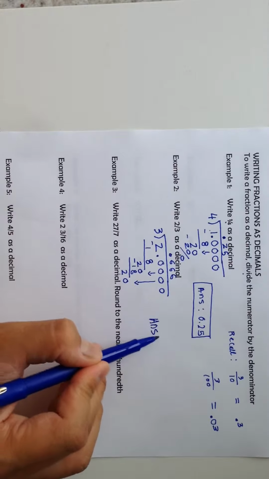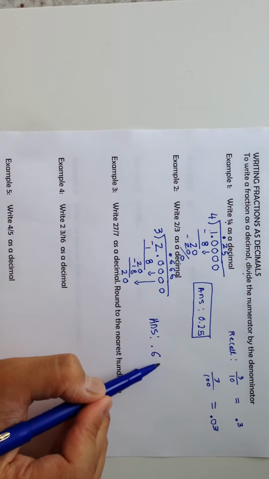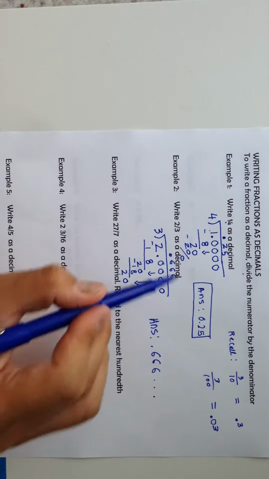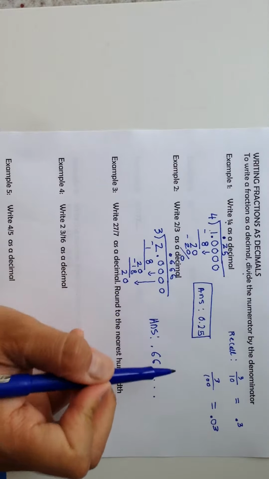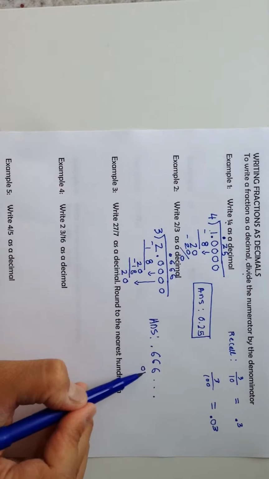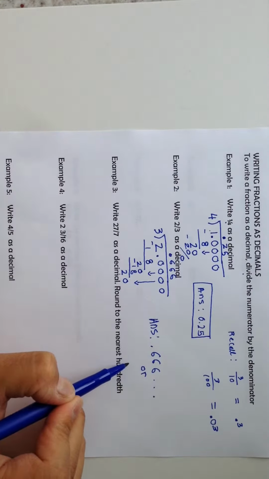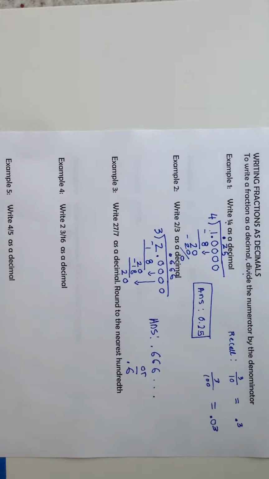Therefore, I can stop and I can say the answer is 0.666 dot dot dot to indicate that this answer is just going to be 6666666 forever. Or one way to shortcut this is to write it as 0.6 with a bar on top, which is to indicate that the decimal is going to go on forever.